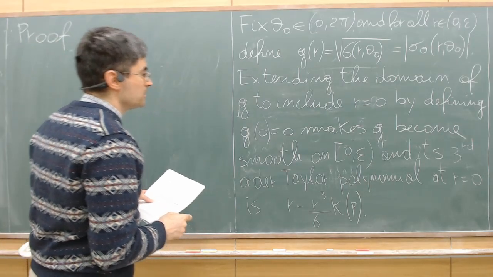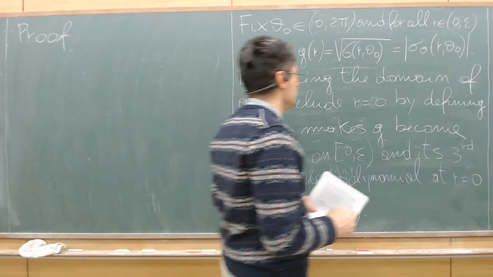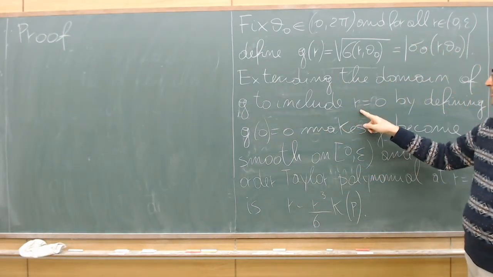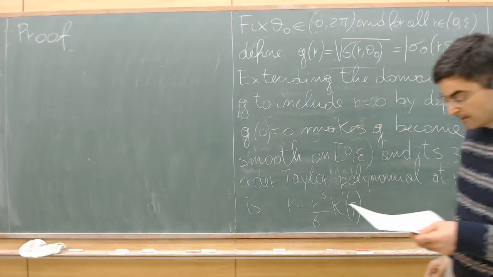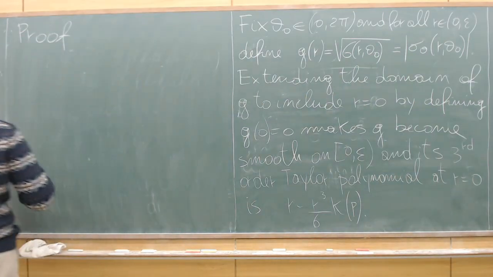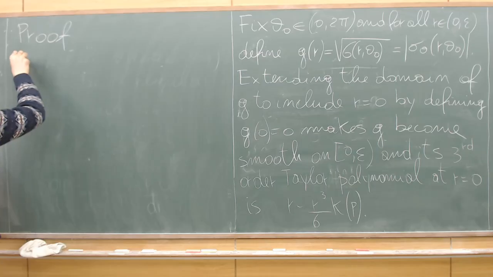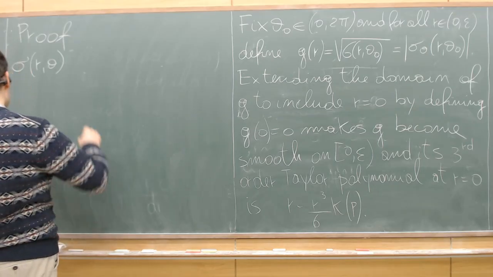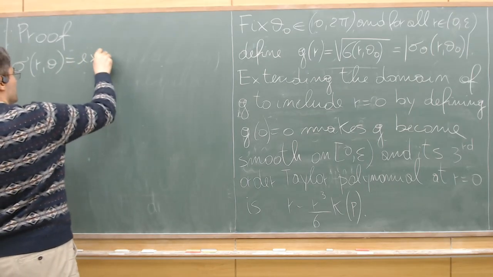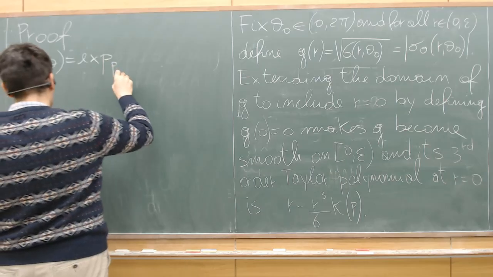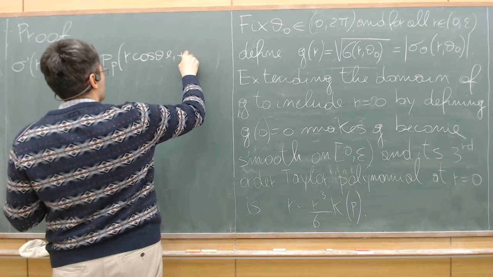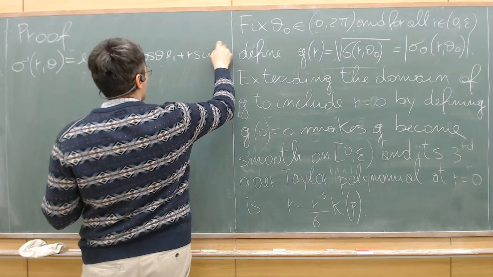Okay, let's start proving that the function g of r can be extended to include r equals 0. This is done using the fact that sigma is the function defined this way, the exponential map at p evaluated at r cosine theta e1 plus r sine theta e2.